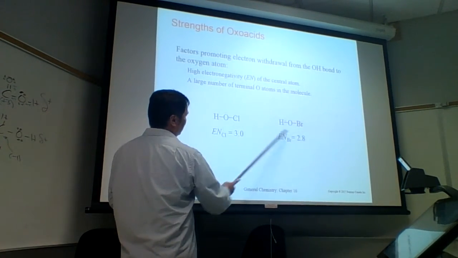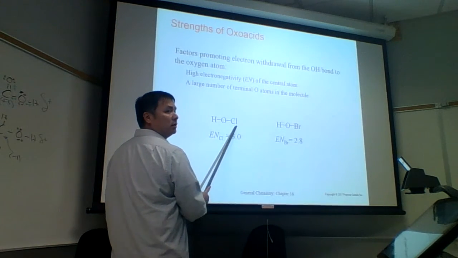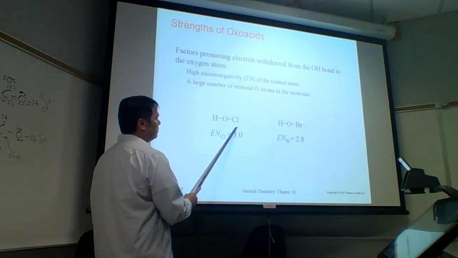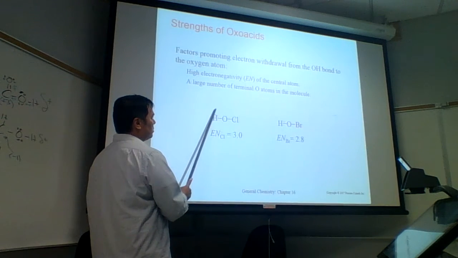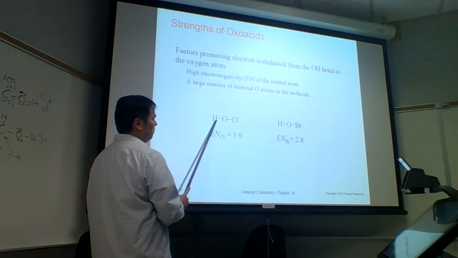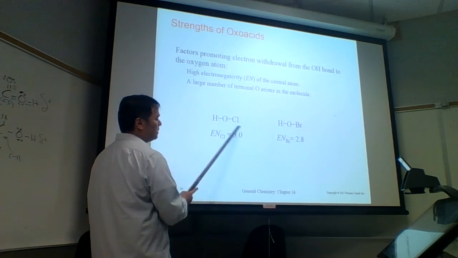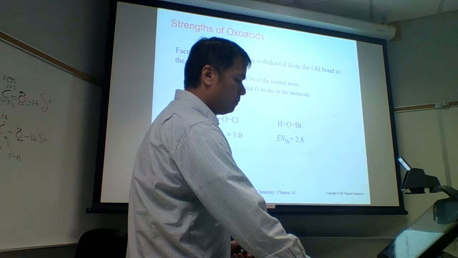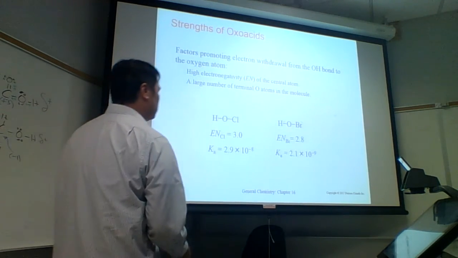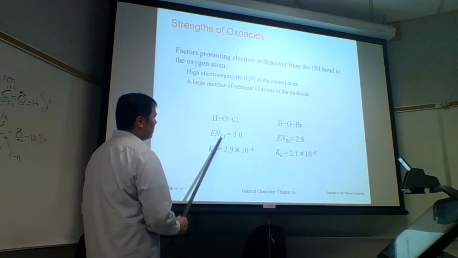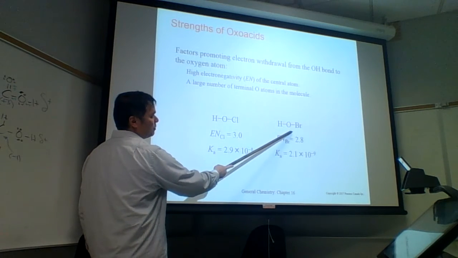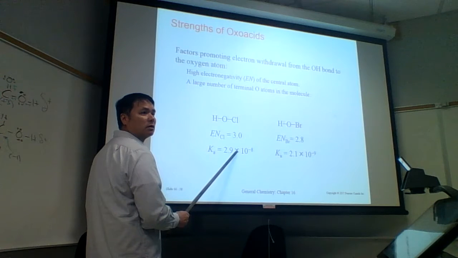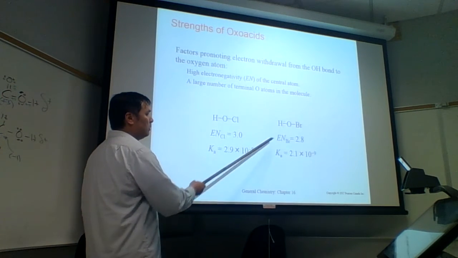Bromine is 2.8. Chlorine's more electronegative. So this will result in a bigger positive charge on the hydrogen, which means HOCl should be a stronger acid. And it is. HOCl, hypochlorous acid, is about 10 times stronger than hypobromous acid.